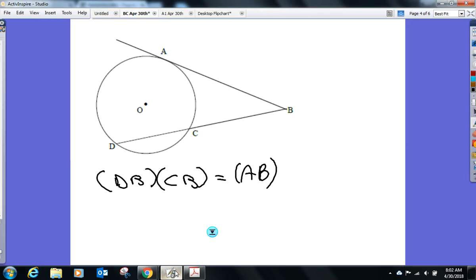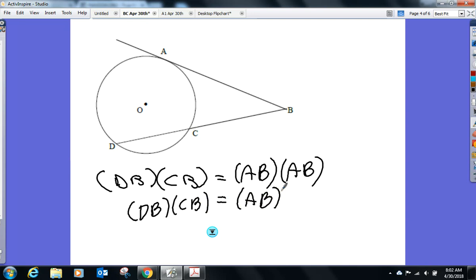External part there is also AB. Anytime you're dealing with the tangent, whole and external are going to be the same. So if you wanted to impress your friends later on in the cafeteria, if you do have a lunch, I can really write this as AB squared. So for the tangent, the whole and external are always the same.